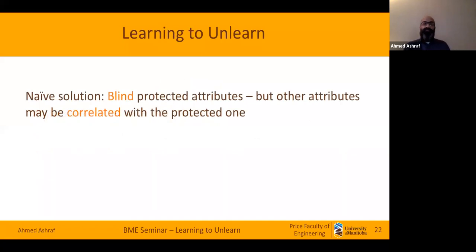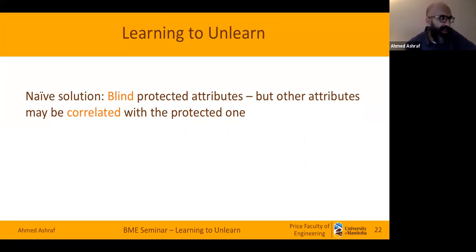So a naive solution in this case would be we just blank out these protected attributes. The problem with this blind solution is that whatever is left may still be correlated with the protected variable.